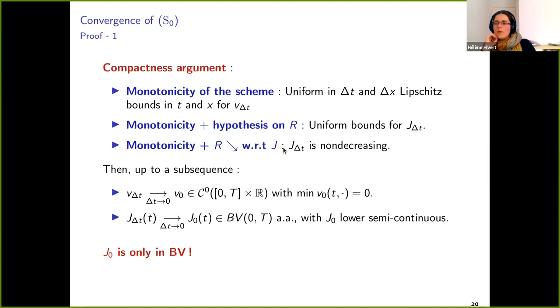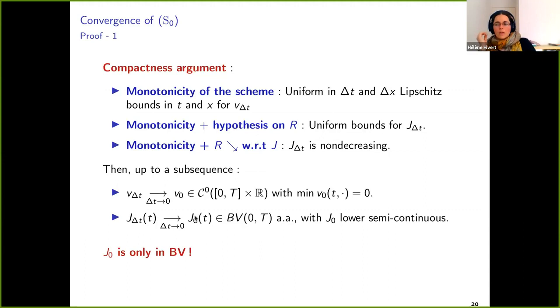In fact, j_dt is non-decreasing. Then you can make dt go to 0, and it converges, up to a subsequence, to some v naught and j naught. What remains to do is to identify this v naught and this j naught with the solution of the constrained Hamilton-Jacobi problem. But the big difficulty here is that j naught is only a BV function.